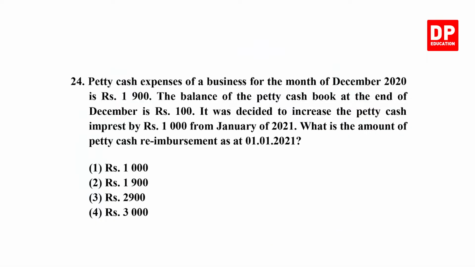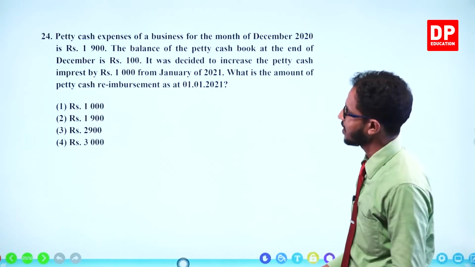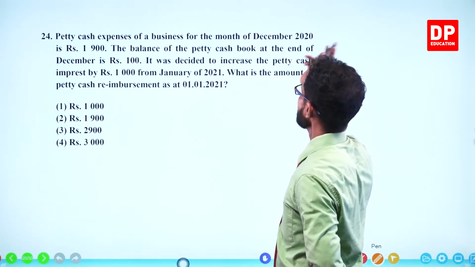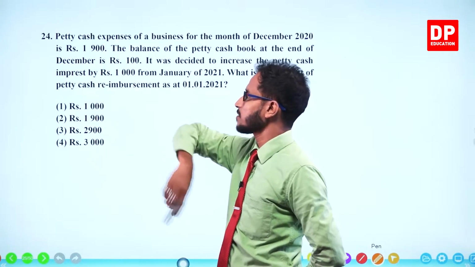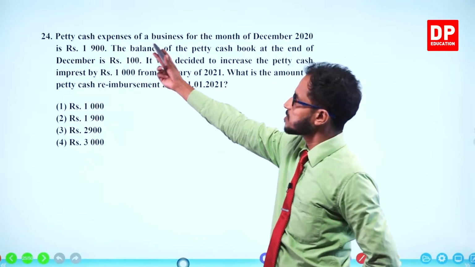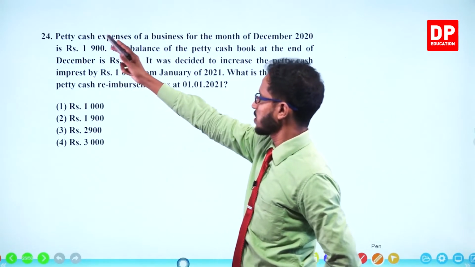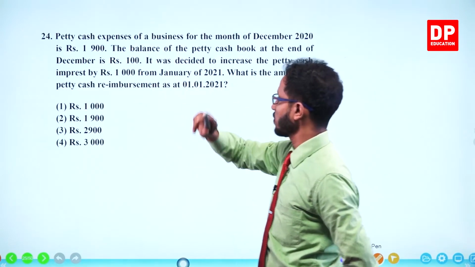Next question. Petty cash expenses. We know that petty cash expenses are recorded in the petty cash book. Petty cash expenses of our business for the month of December, last month, is rupees 1,900. Balance of the petty cash book at the end of December, 100.